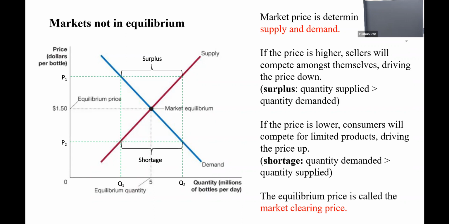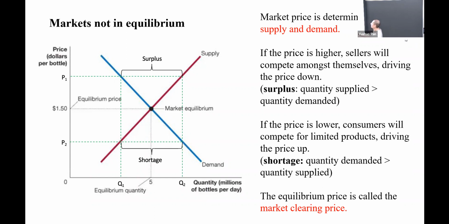So with a cheaper price, more demand. In that case, we have a shortage. Shortage means the quantity demanded is bigger than the quantity supplied. That's totally opposite, right? If quantity supplied is bigger, then that's a surplus. If the quantity demanded is bigger, then it's the shortage.